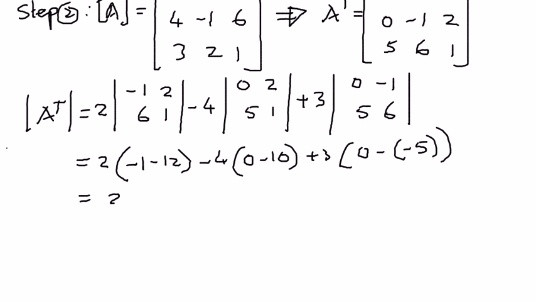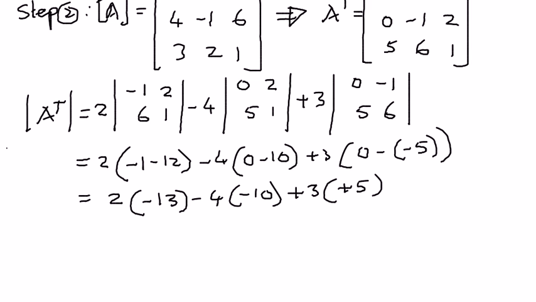Therefore this is going to be 2 times -13, minus 4 times -10, plus 3 times +5. That is what we have. So 2 times -13 is -26, and then -4 times -10 is +40, and then 3 times 5 is 15. When we simplify this, -26 plus 40 plus 15, the value comes out to be 29.